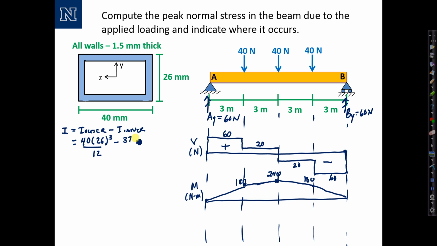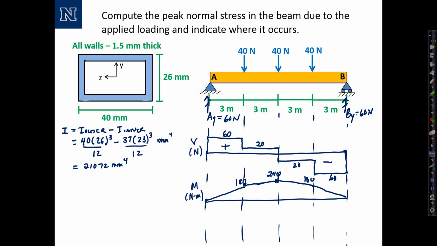And the inner height is also 26 minus 3, or 23. Take that cubed divided by 12. The dimensions of the whole thing are millimeters to the fourth, and it computes to 21,072 millimeters to the fourth.